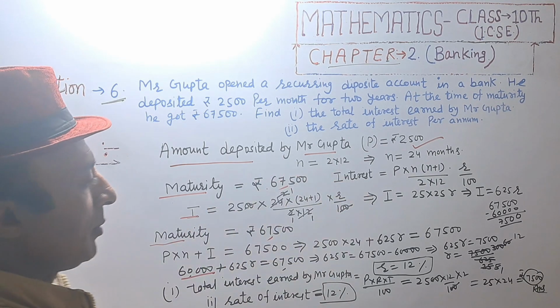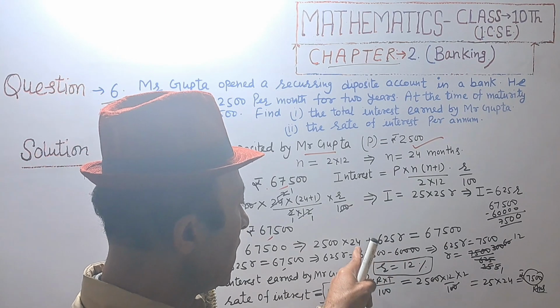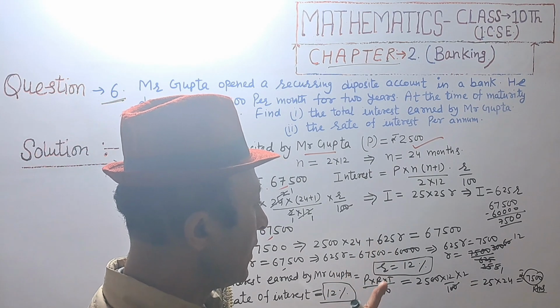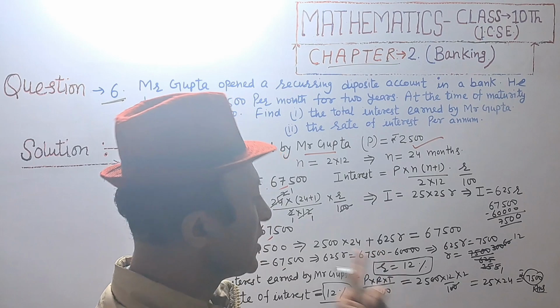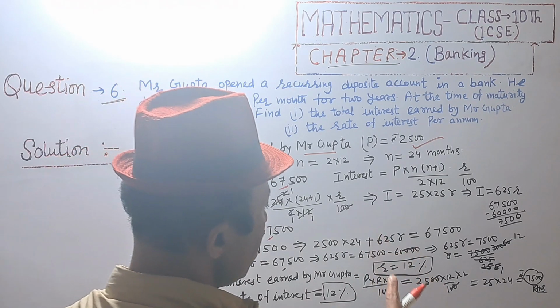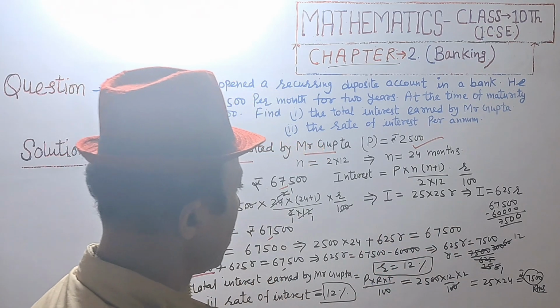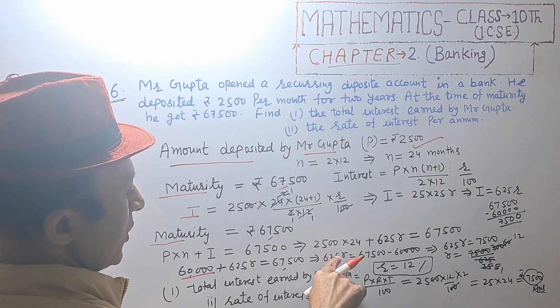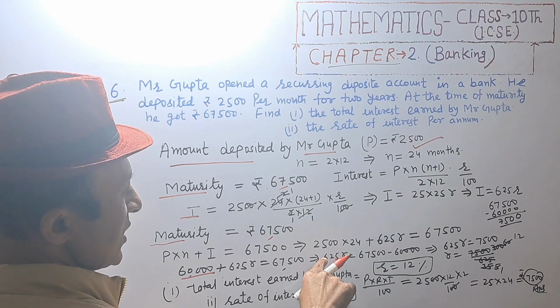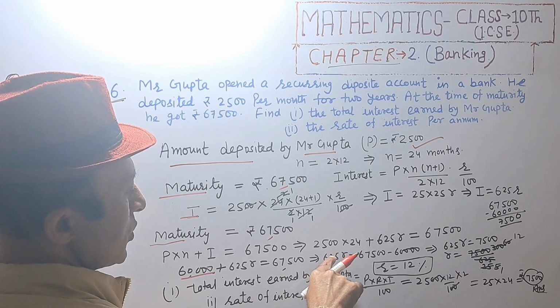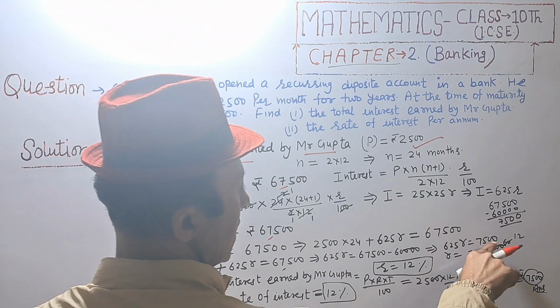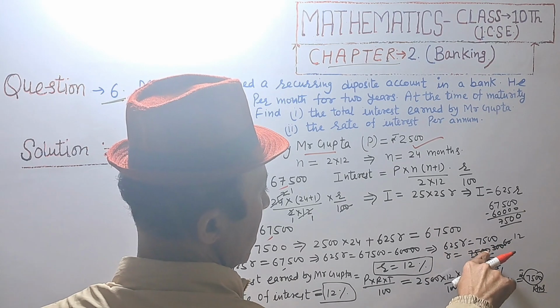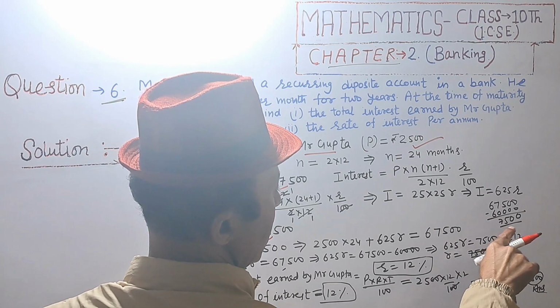Shifting to the right side, that will be negative, and we are subtracting 67,500 and 60,000, we get 7,500 rupees. And rate of interest is equal to 625R equal to 7,500, R equal to 7,500 upon 625, we get 12.